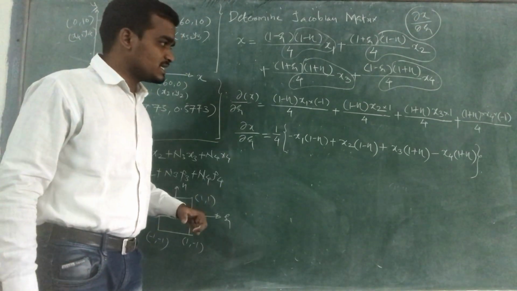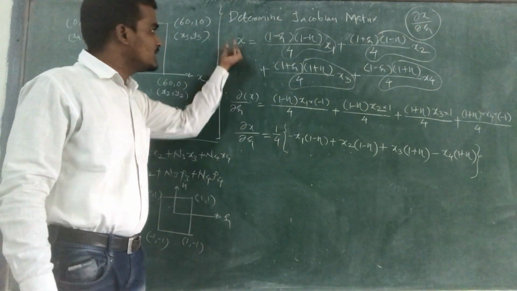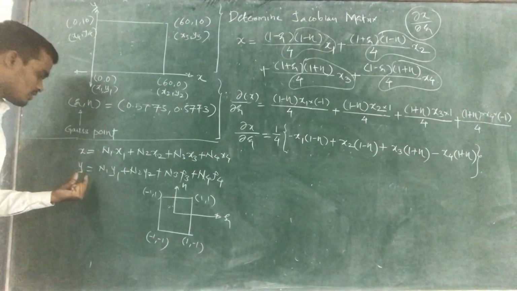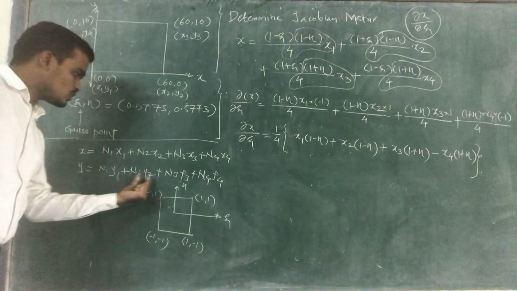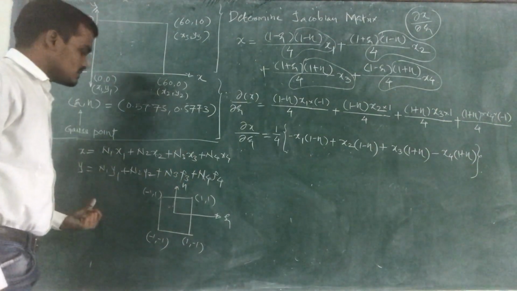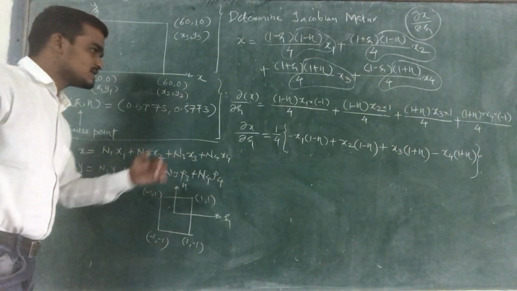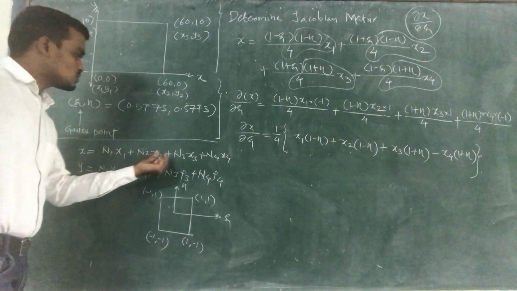Then the next thing is, if we take the derivative of y. Here the common terms are N1, N2, N3 and N4. Only the difference is y1, y2, y3 and y4, which replace x1, x2, x3, x4.